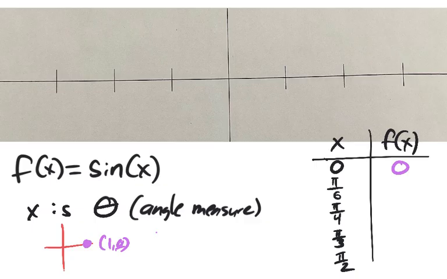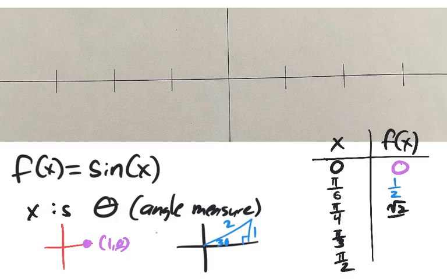Okay, what about if I rotate pi over 6? Pi over 6 puts me in the first quadrant with a reference angle of 30. Sine is the opposite over the hypotenuse. So if I rotate pi over 6, I get 1/2. You following what I'm doing? Okay, what about pi over 4? What is sine of pi over 4?